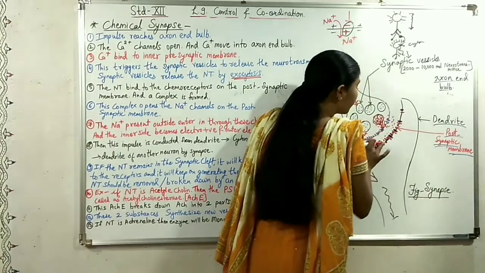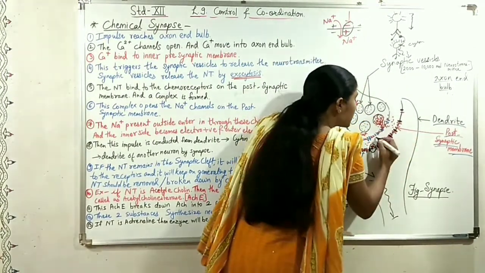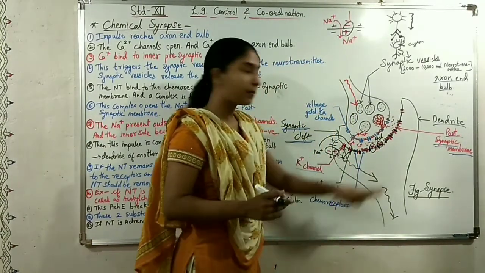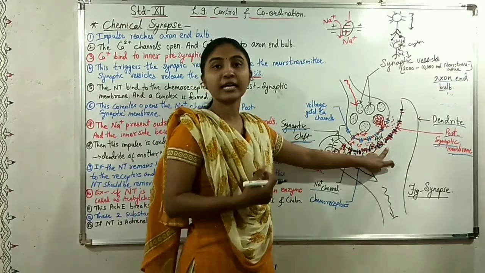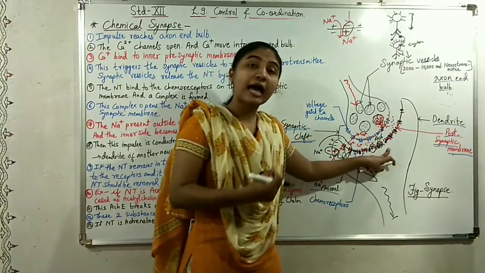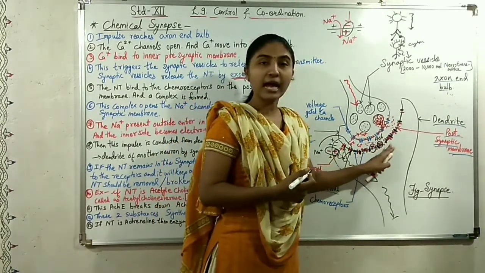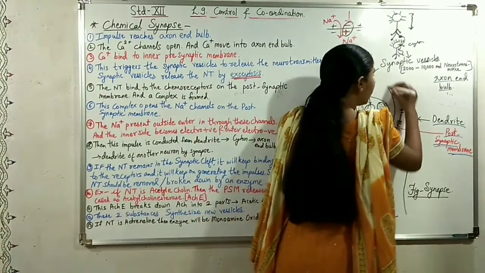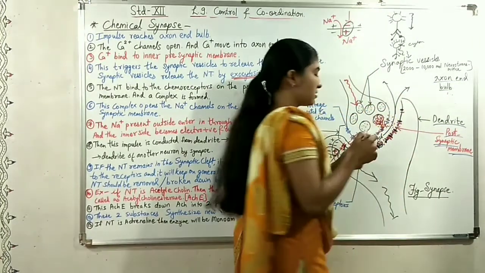Suppose this is acetylcholine. This acetylcholine should be broken down. For that, the postsynaptic membrane secretes an enzyme called acetylcholine esterase. This acetylcholine esterase breaks down the acetylcholine into two substances. So here, this acetylcholine is broken down into two substances.